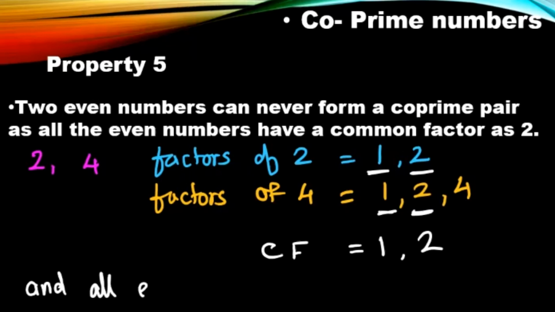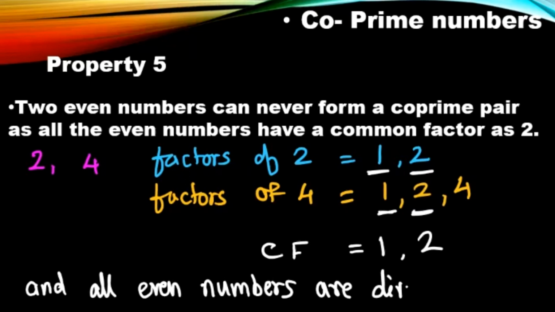And one more thing we should pay attention to, that all the even numbers are divisible by 2. That means if you are taking any two even numbers, these are non-co-prime numbers.